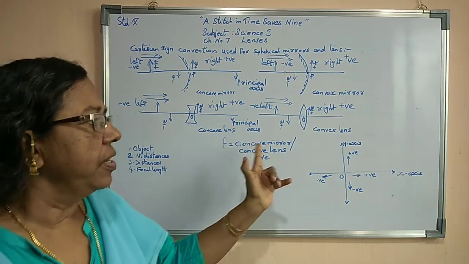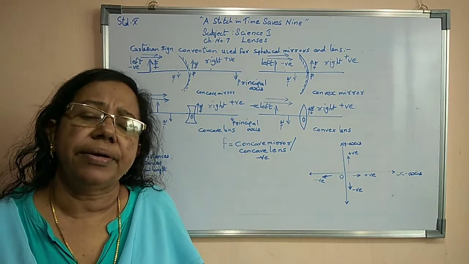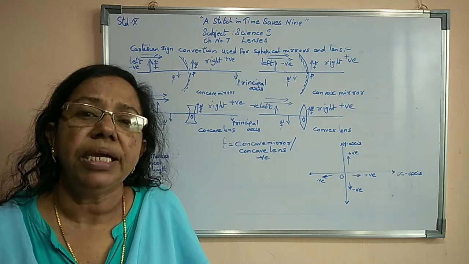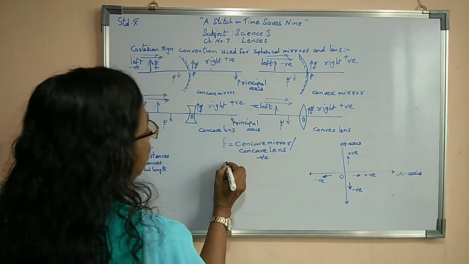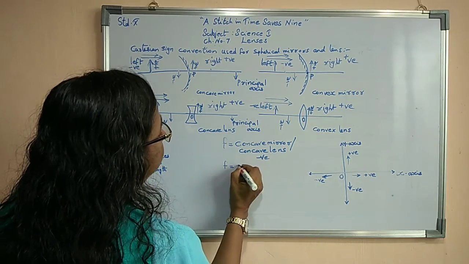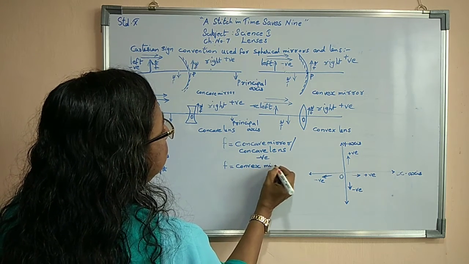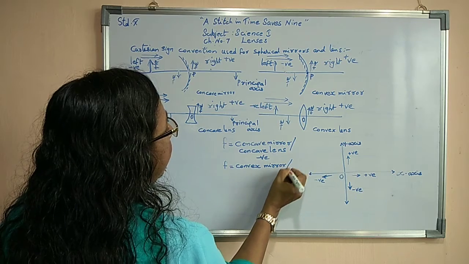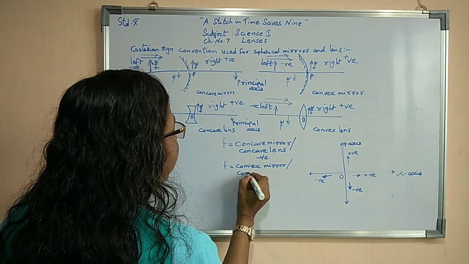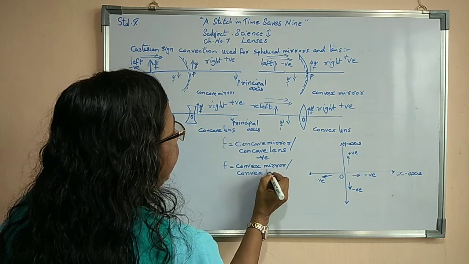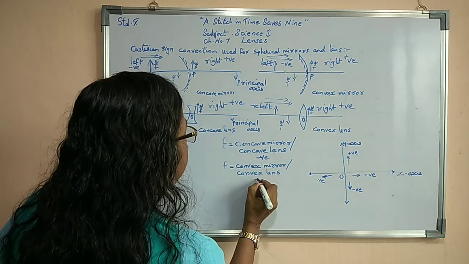Focal length of concave mirror and concave lens will be negative, and focal length of convex mirror and convex lens will be positive.